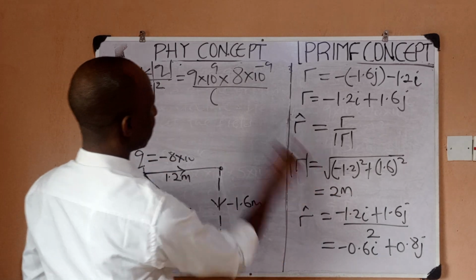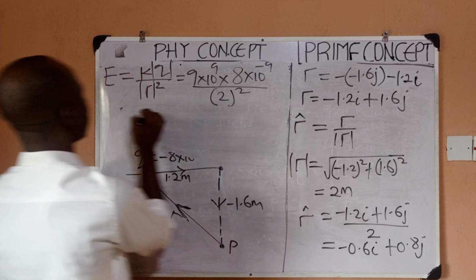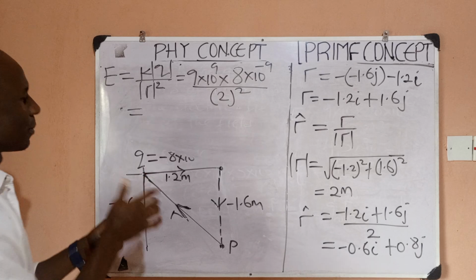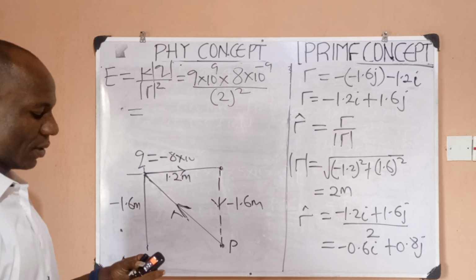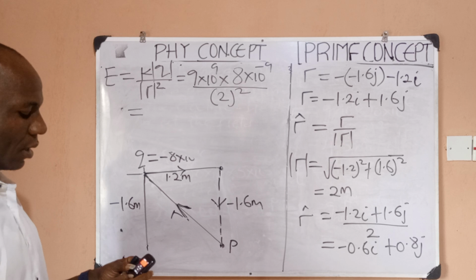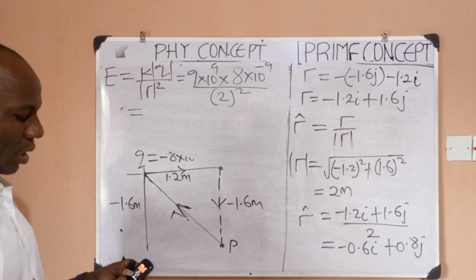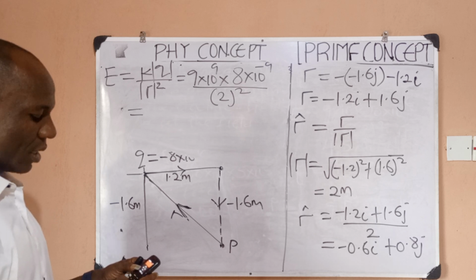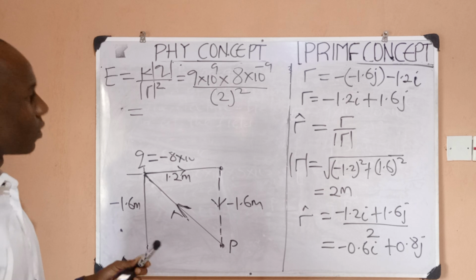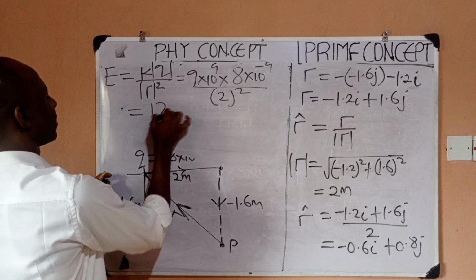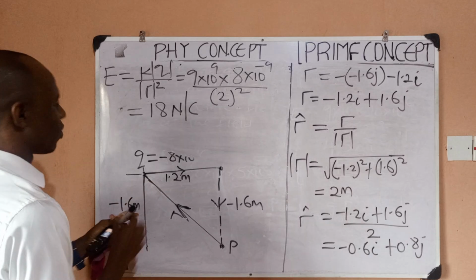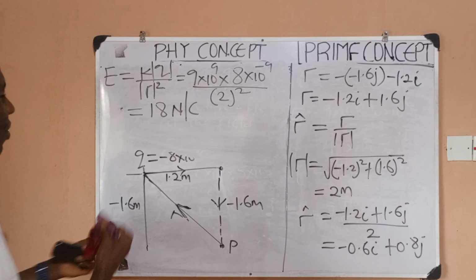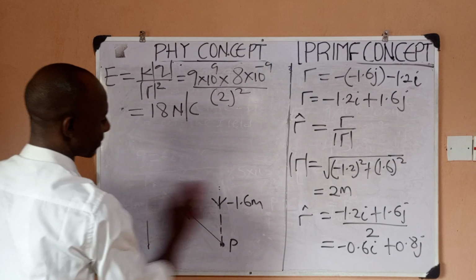What is our R magnitude? It is 2, squared. So if you punch this, 9 times 8 divided by 4 gives me 18 Newton per coulomb. Now we are not done because we need to include the direction.